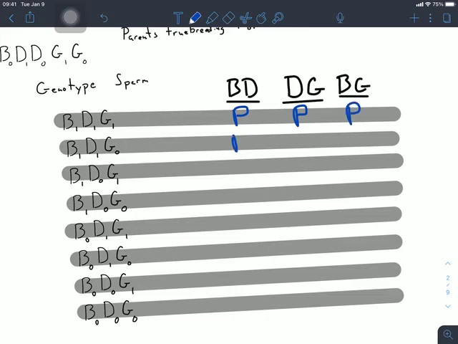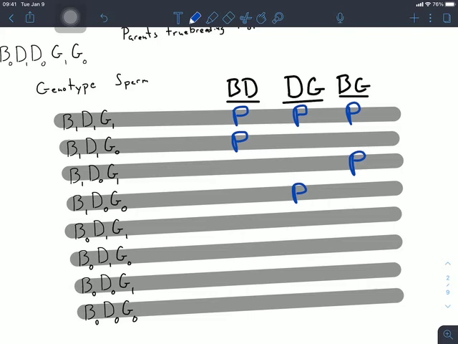This is parental between B and D, but not between B, D and G, or B and G. Next one is parental between B and G. Next one is parental between D and G, nothing else, both having zeros.